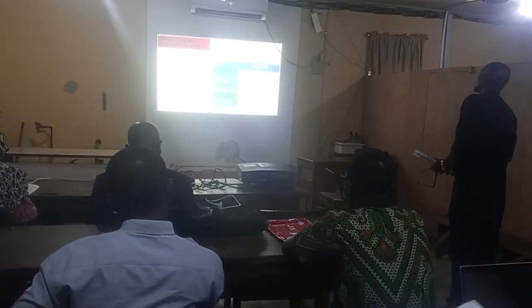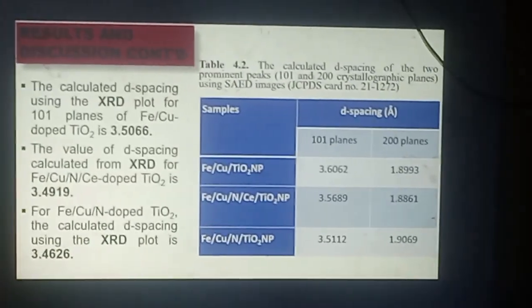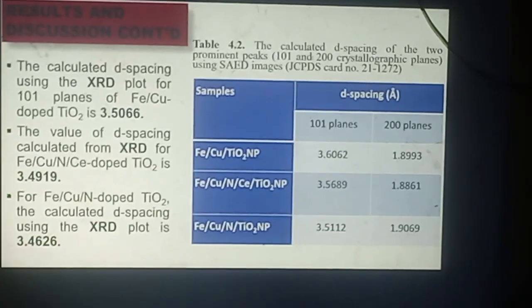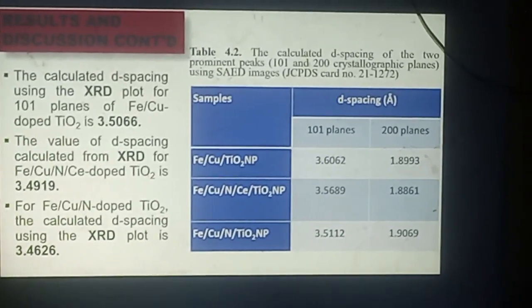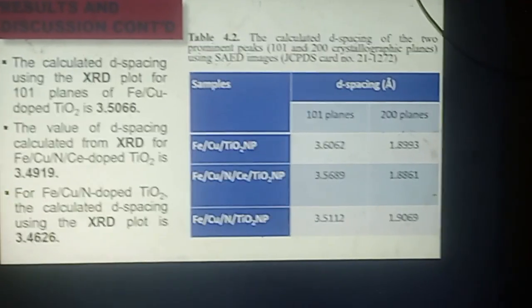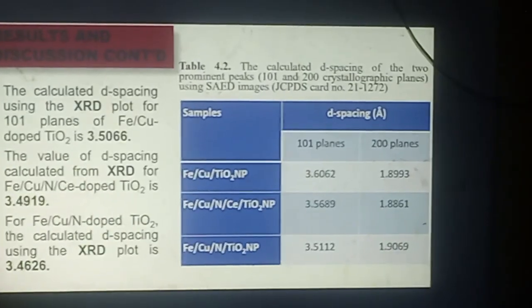We tried to calculate the d-spacing making use of this SAED image, and our calculated d-spacing for plane 101 compared with that which we calculated from the XRD showed a similarity. You can see that all of them are closer.